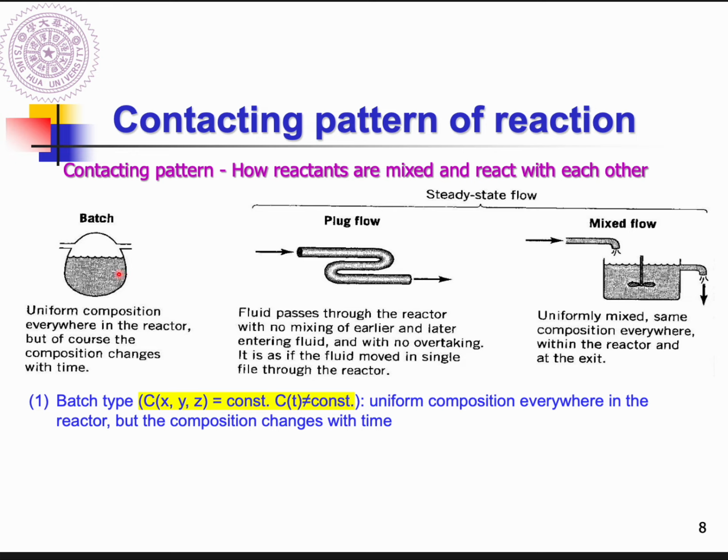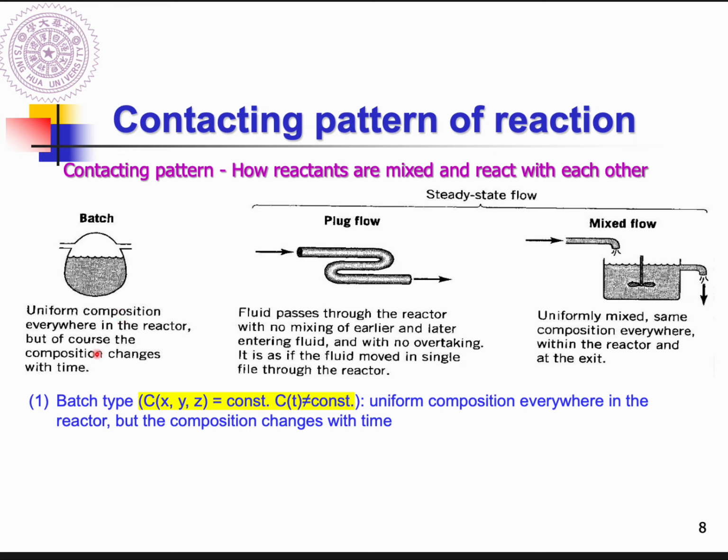But of course, the composition changes with time because we put the reactants in at the beginning, and the concentration or content of reactants will decrease, and the product will increase.